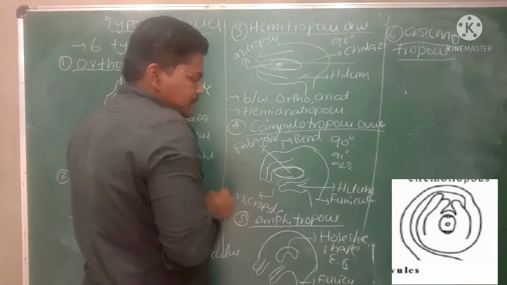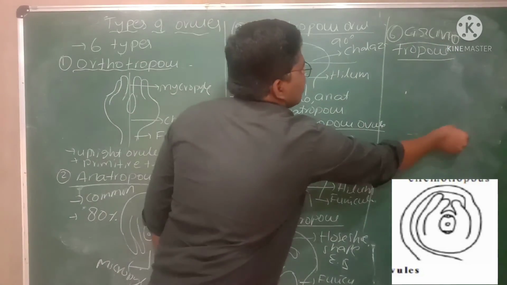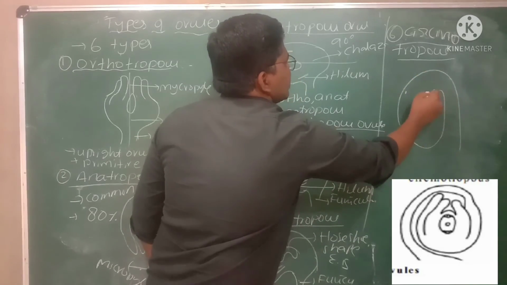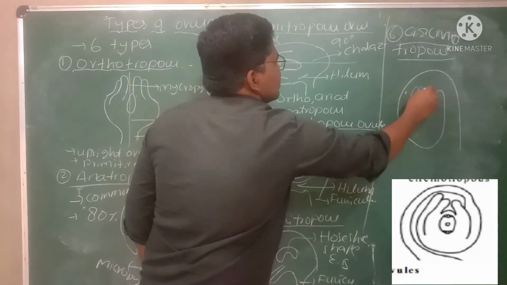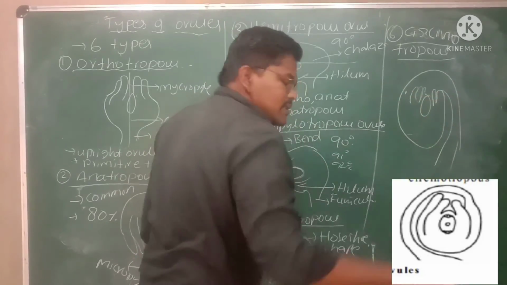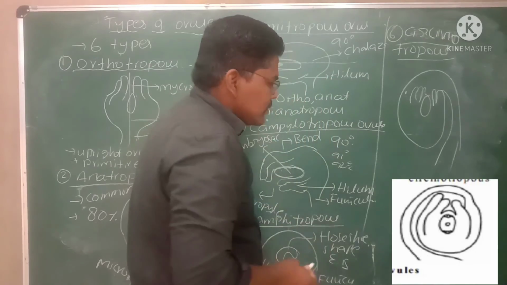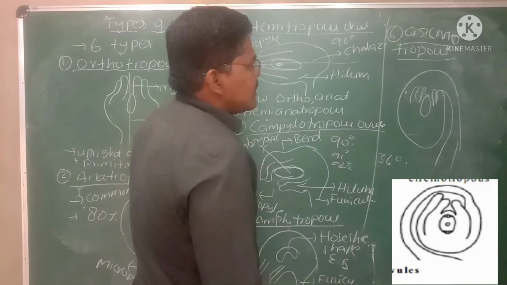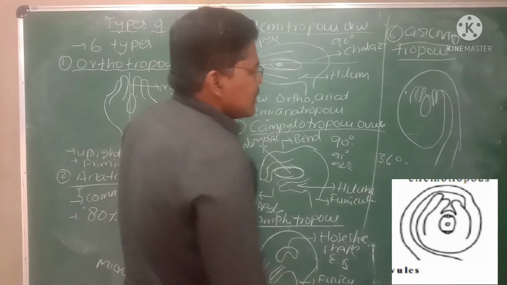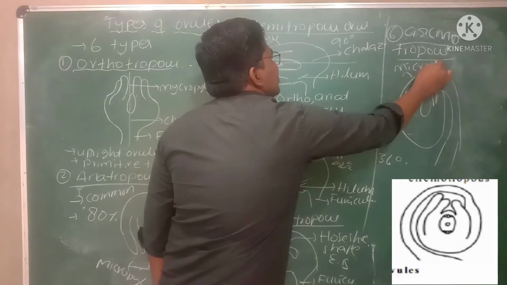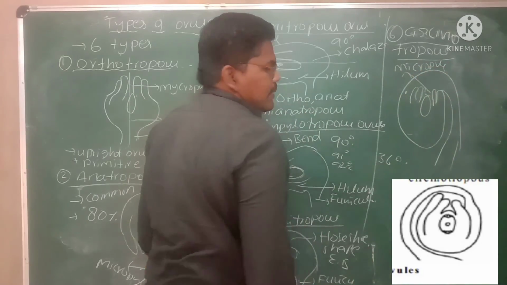Cercinotropous ovule means the ovule in which the body of ovule bends 360 degrees, completely rotating 360 degrees or above. Here this is the micropyle. The micropyle is away from the hilum.